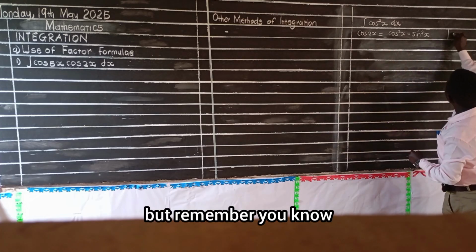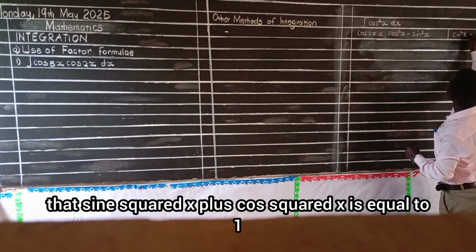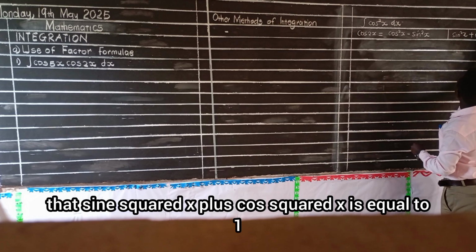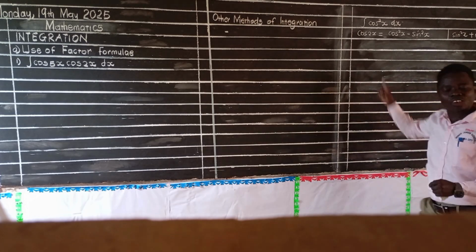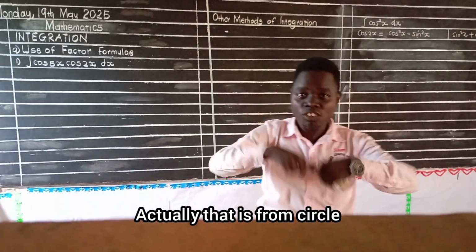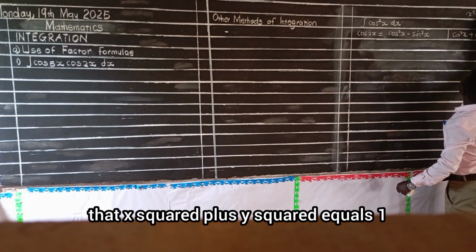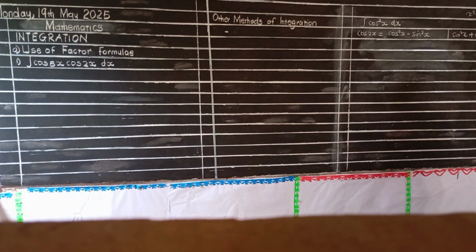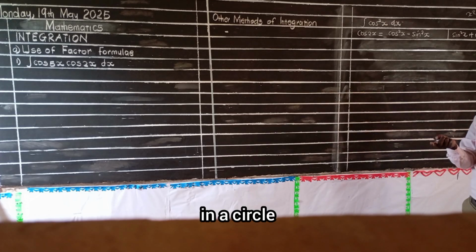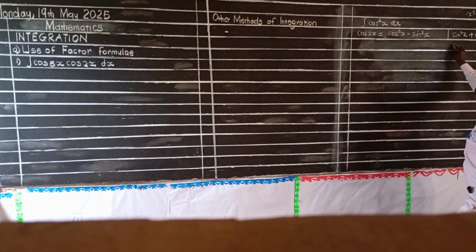But remember, we know that sine squared x plus cos squared x is equal to 1. Actually, that's from the circle. Remember, we also say that x squared plus y squared equals 1. That is in a circle. Therefore, I can make sine squared x to be equal to 1 minus cos squared x.